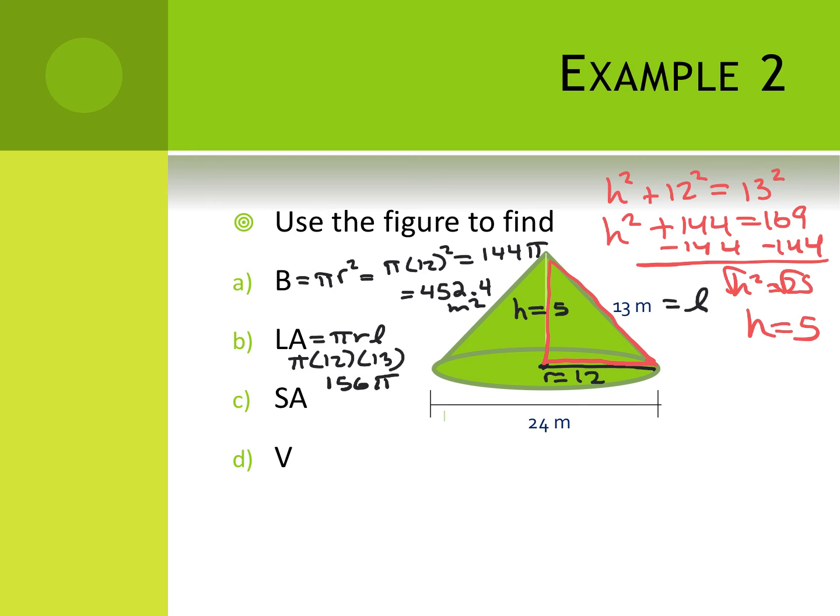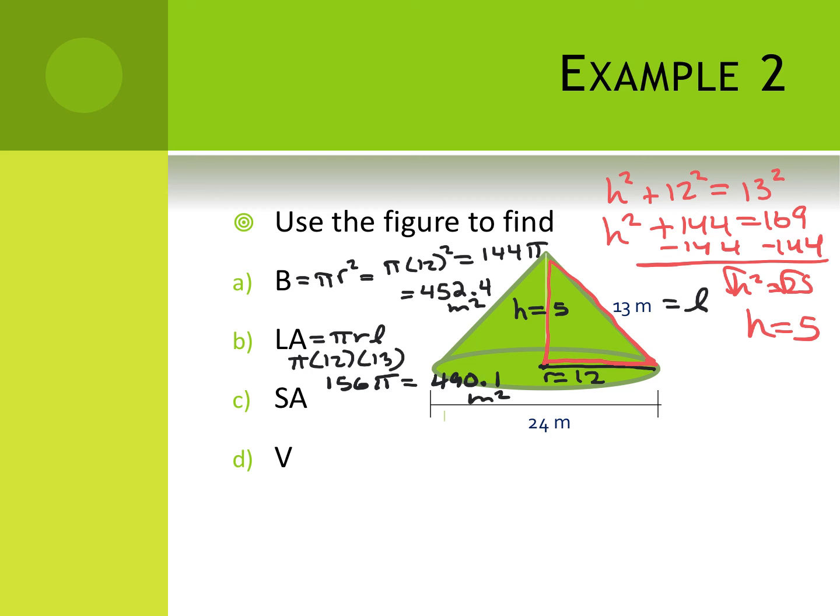So in terms of pi, the lateral area is 156 pi. But if I use my calculator, I get 490.1. And again, the units on this are meters squared.